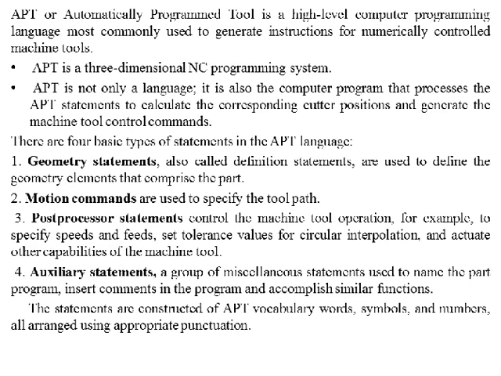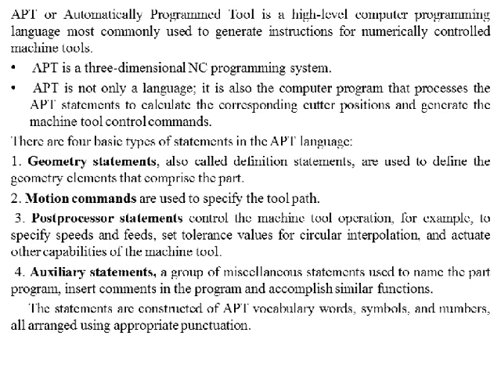For example, they are used to specify the speeds and feeds. They are used to set the tolerance values for circular interpolation and other operations that are required to actuate the machine tool.